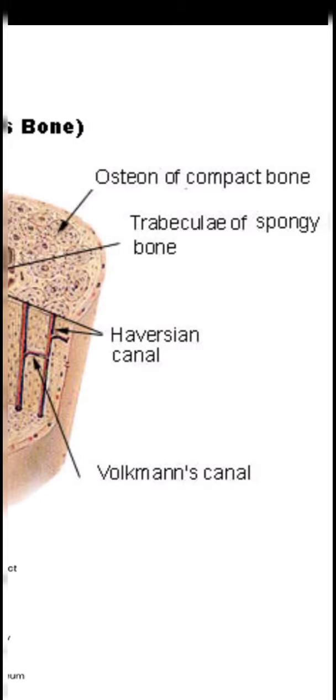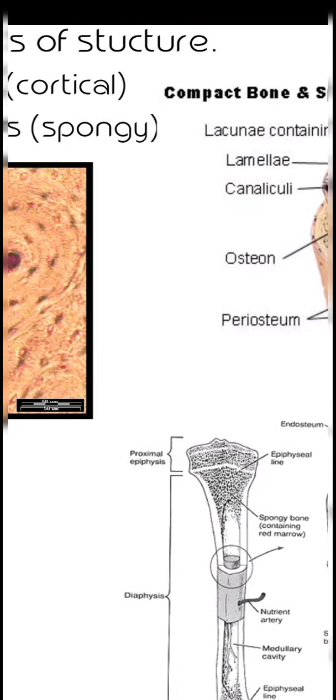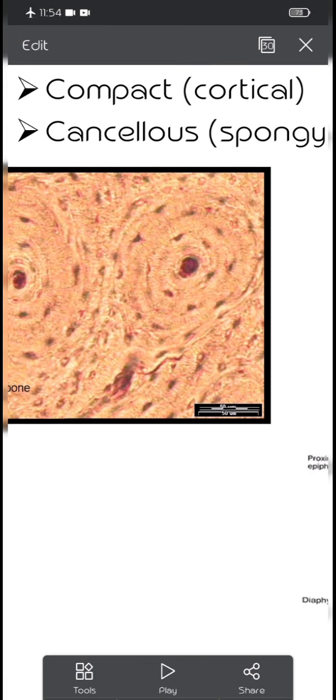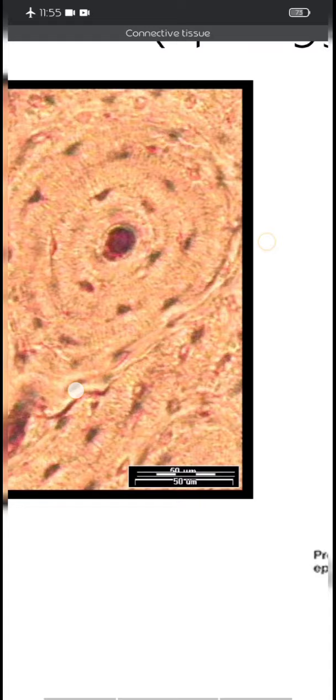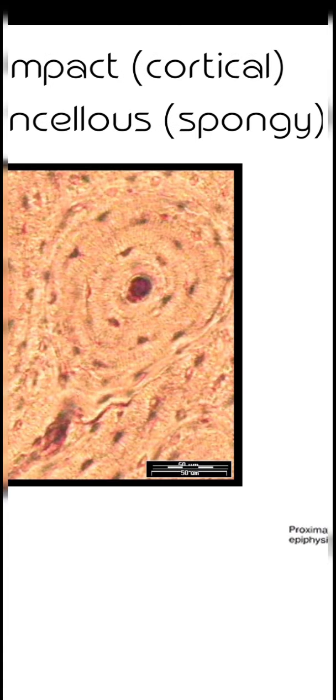Okay, compact bone has many smaller structures in the shape of circular canals. This single structure of a compact bone is known as an osteon. A single osteon gets its nutrient supply and blood supply from this one canal through which an artery and vein passes. That is known as a Haversian canal.